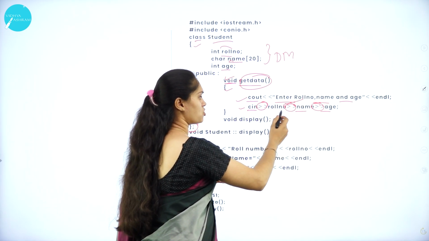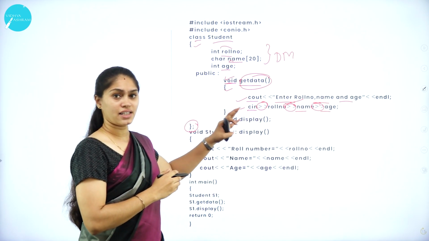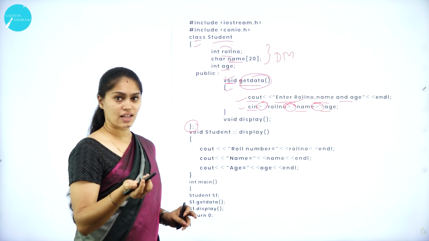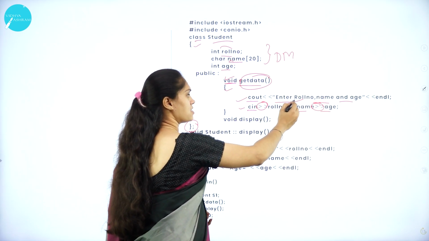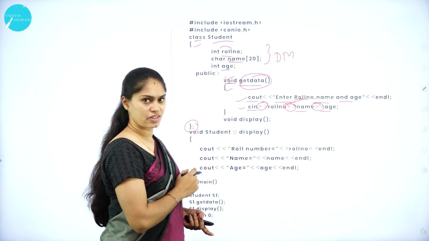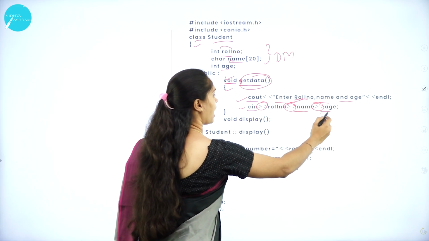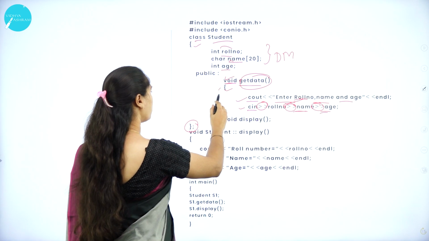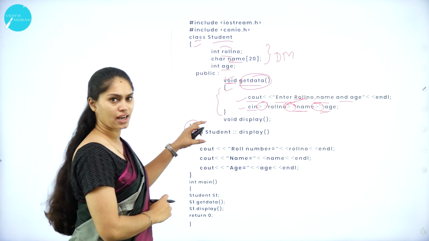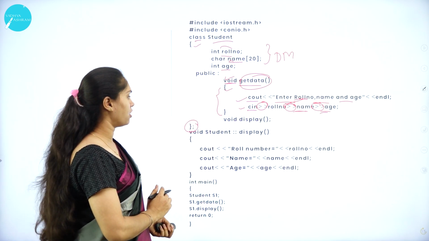So we are not supposed to take name first, because that name value will be stored in roll number if I specify it in that order. So this statement must match with the input. Here roll number will be the first input, then name, after that age. So the scope of this getdata will end here. That indicates the opening and closing of this getdata function.